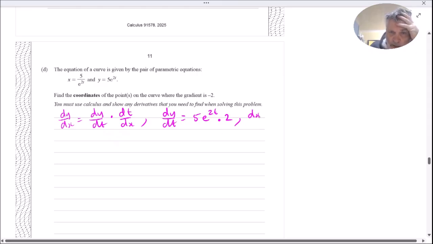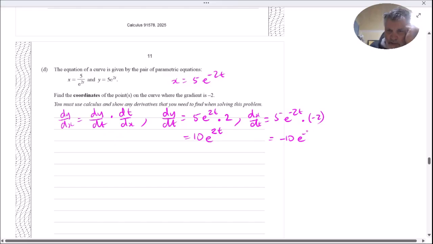And dx/dt, that's also an exponential. So actually I think it's helpful to write x as 5e to the minus 2t. So it's 5e to the minus 2t, and then multiplied by negative 2. I suppose you can write this as 10e to the 2t, and you could write this one as negative 10. I'll leave it as a negative power.